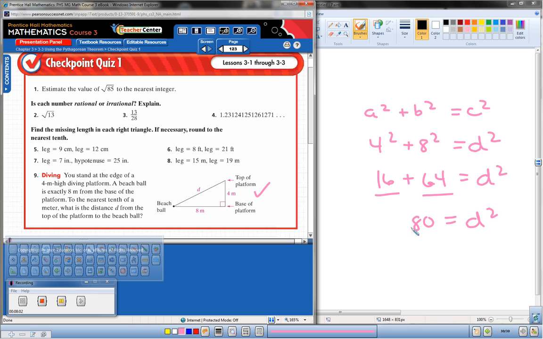And the square root of 80 is almost exactly 9, but about 8.9 meters. It is 8.94. Rounding to 8.9 is fine.